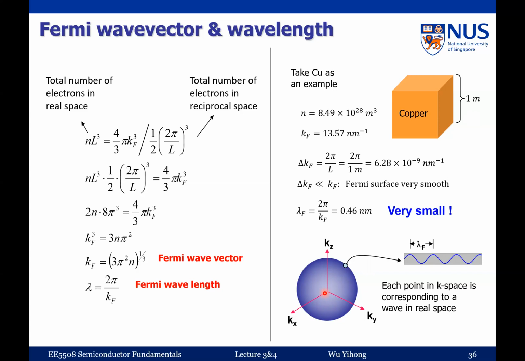However, does this mean that electrons inside the Fermi surface, deep in the Fermi sea, are not useful at all? No, because without these electrons deep in the Fermi sea, you won't have electrons at the Fermi surface. Why?